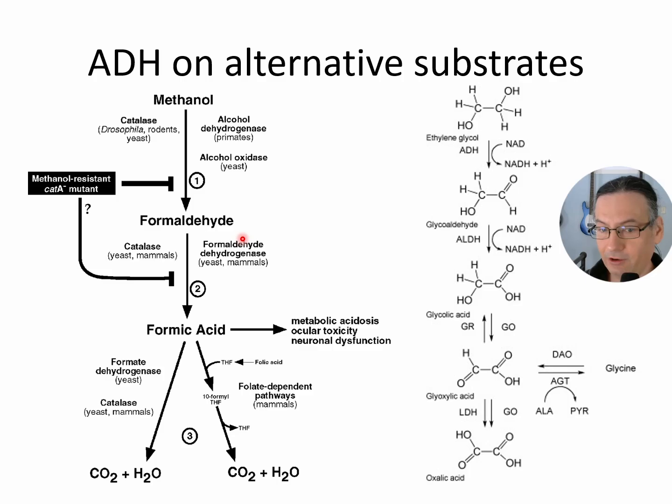Now, formaldehyde on its own isn't really that toxic in its raw form. When it gets worked on by catalases and other dehydrogenases, we're going to end up turning it into formic acid, which is really acidic. It is also going to be toxic on its own, and it can damage a number of different structures.